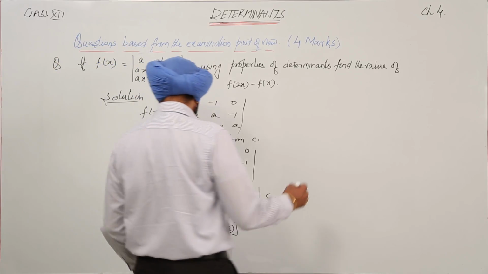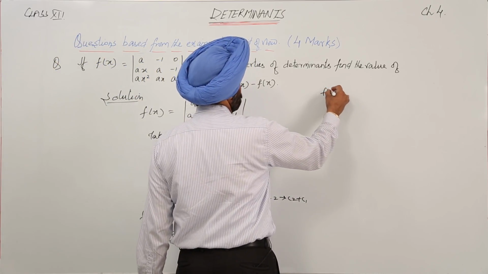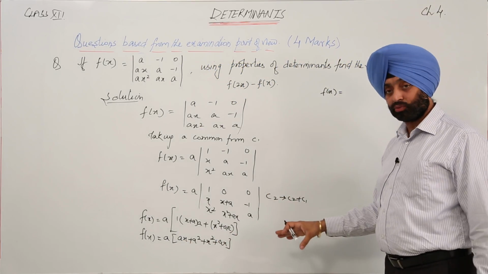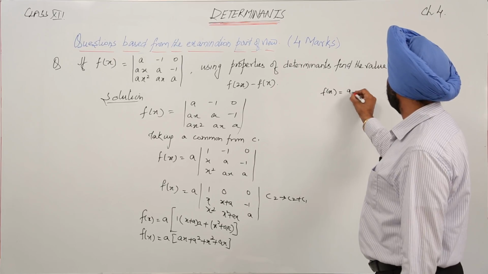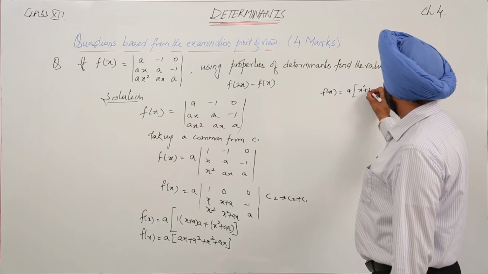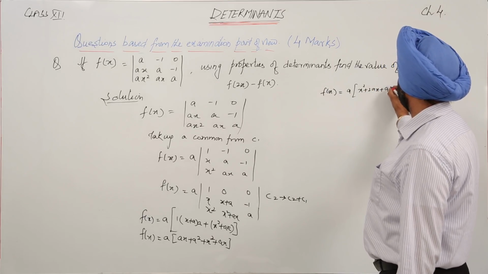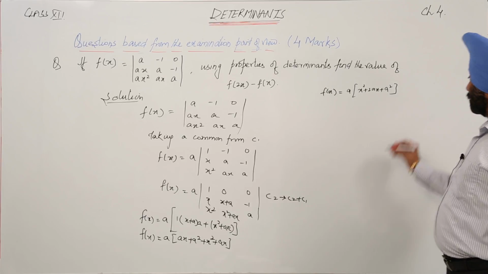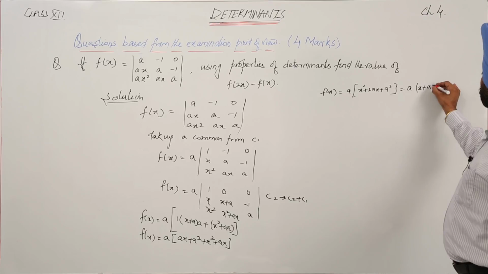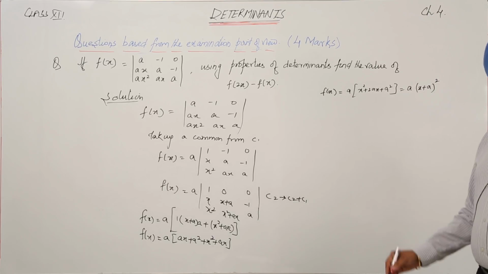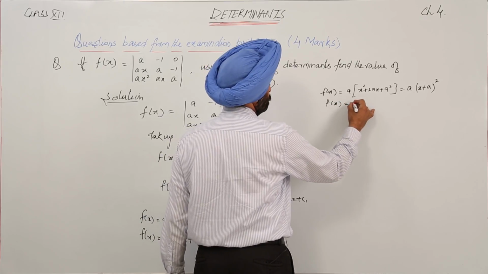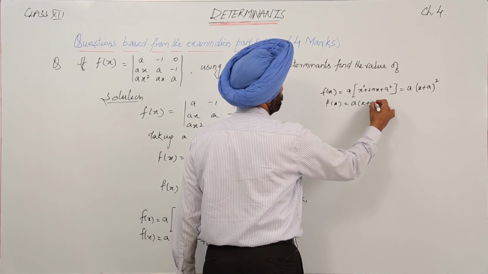Okay, now this further can be written as f(x) is equal to a, now we are having ax plus a square plus x square plus ax. So this becomes a with x square plus 2ax plus a square. Okay, and this becomes what? a with x plus a whole square. So f(x) is equal to a with x plus a whole square.